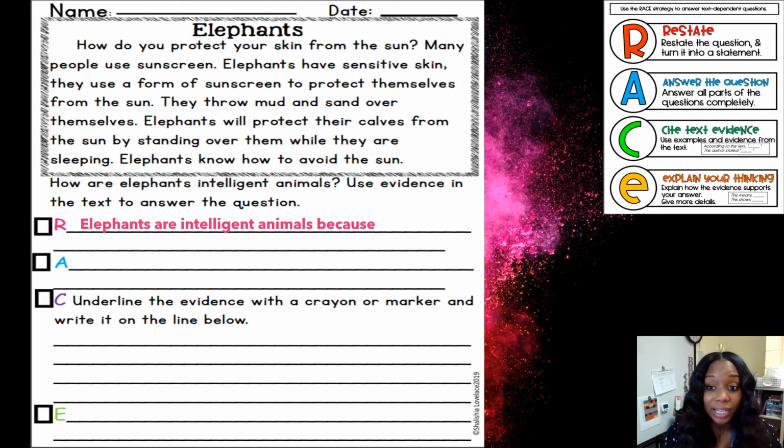Okay, so now let's practice using the RACE strategy. Our question again, how are elephants intelligent animals? So our R, remember, it stands for restating the question. Remember, we take out the question word, we take it completely out, exit out, and we move the verb. Now on the first slide, there was a hint to where you move your verb.